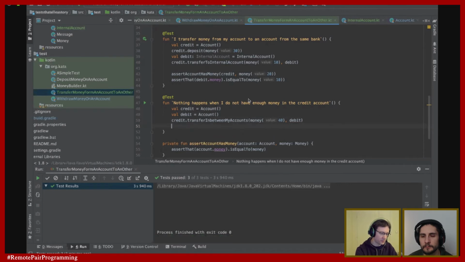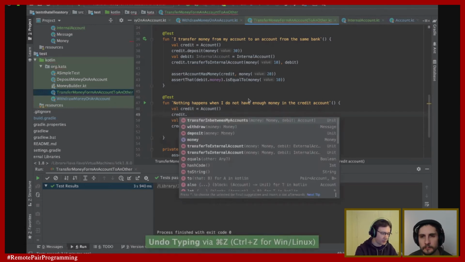Something like this. I think that writing this test this way, with a credit account that has no money on it, may be considered a special case. Yeah, so let's put 10 or something.